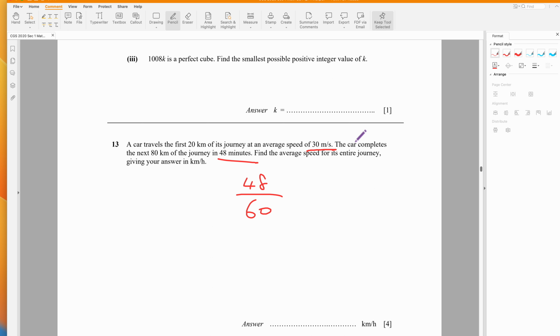You must bear in mind. You should be alert about all these mistakes. Actually, I know where my mistake is, not about the unit. It's the 80. I looked at it as 48 km.